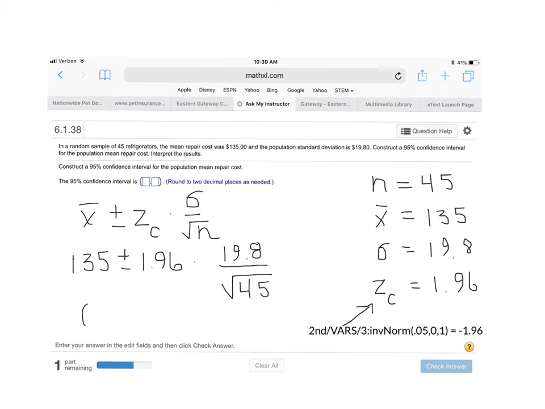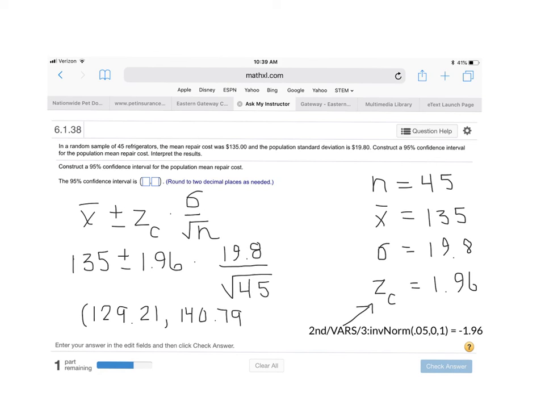And once again, to find the lower limit of our confidence interval, we type 135 minus 1.96 times 19.8 over square root 45, and we get a lower boundary rounded to 2 decimal places of $129.21. And then we do the 135 plus the margin of error to get the upper limit, and we get $140.79.